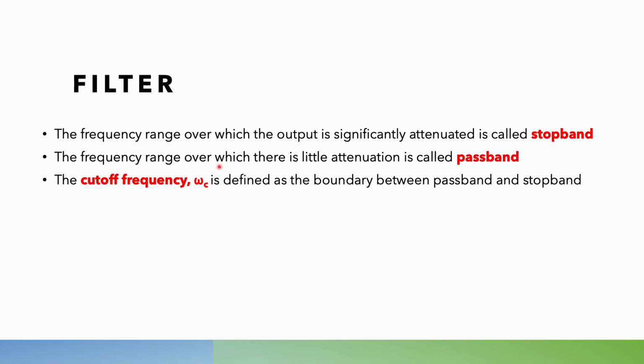The frequency range over which there is little attenuation is called the pass band, and there is also a cutoff frequency, which is omega c. The cutoff frequency is defined as the boundary between the pass band and the stop band. This is what we learned in chapter 3.